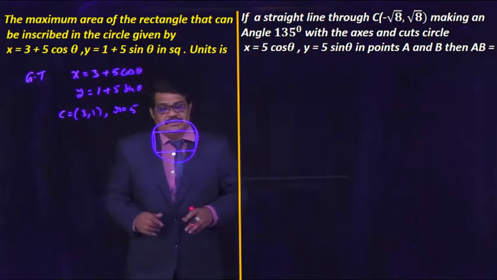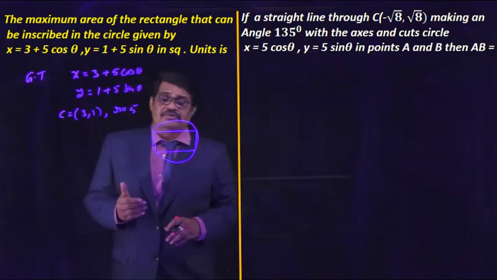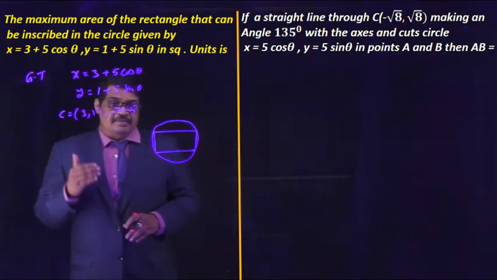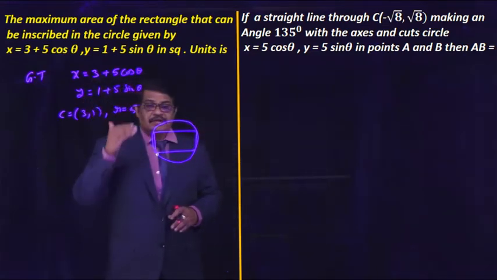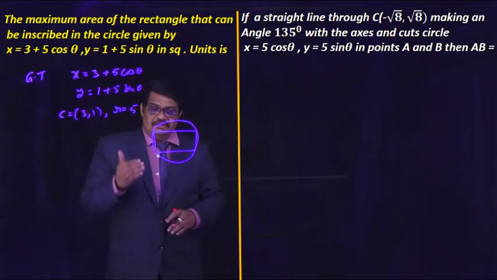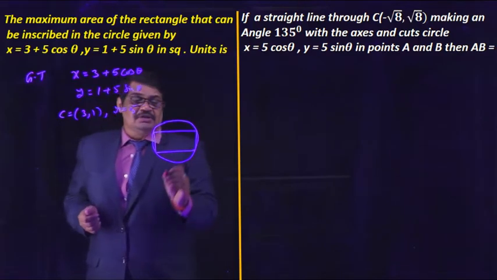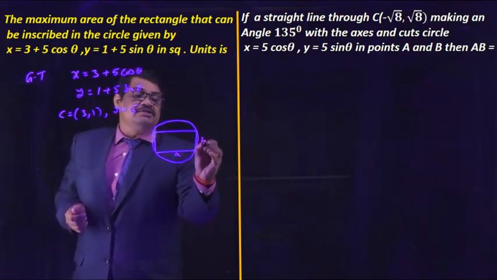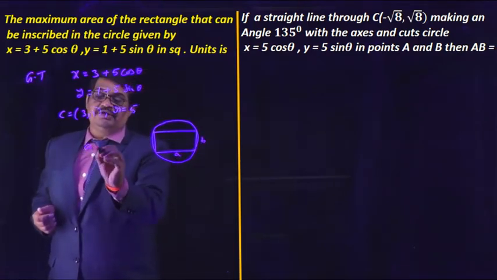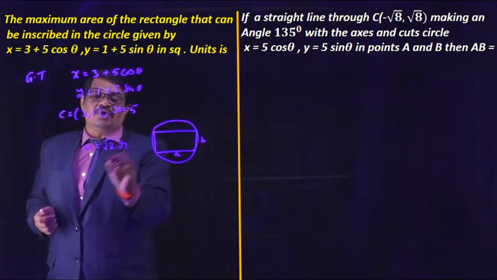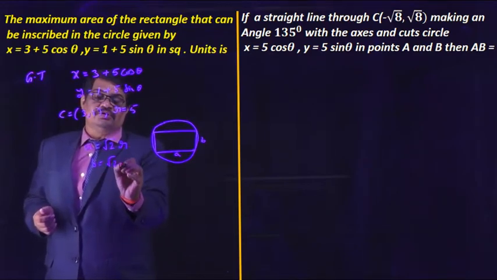So we know the parameters of the rectangle, the maximum area of the rectangle that can be inscribed in a circle with radius r. Then what are the parameters? The sides are, this is A, this is B. Here A is equal to root 2 r and B is also root 2 r.